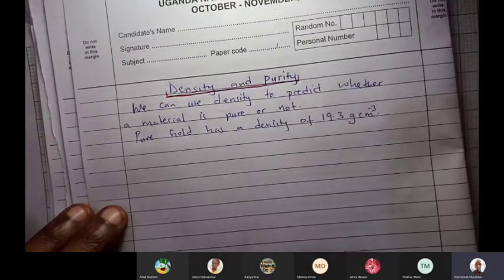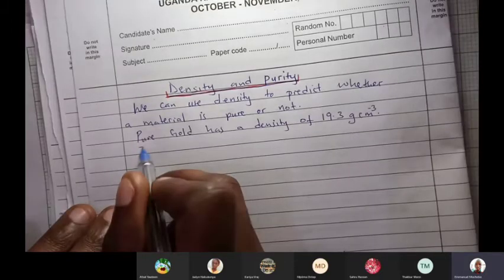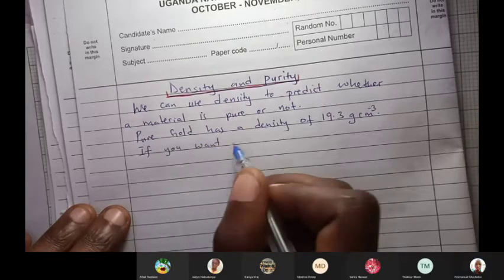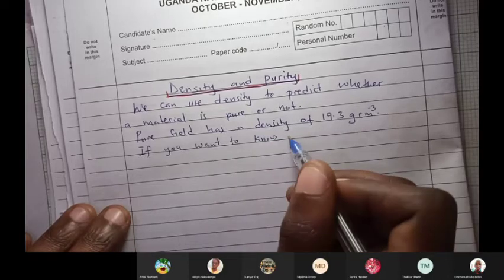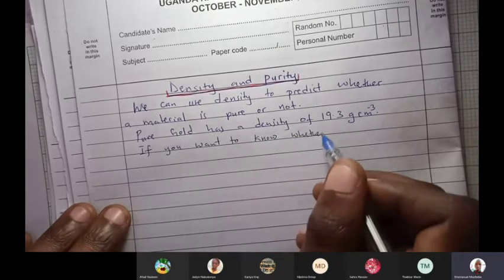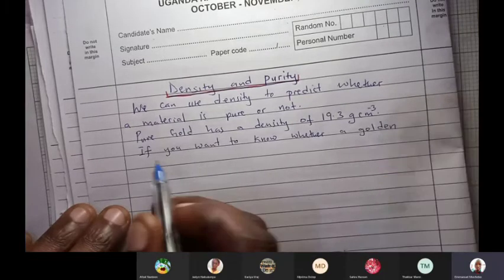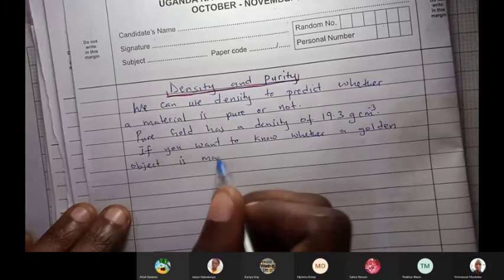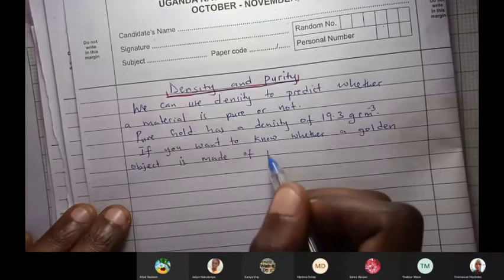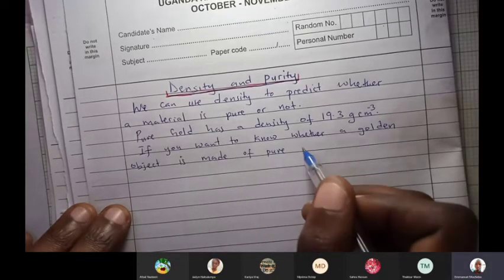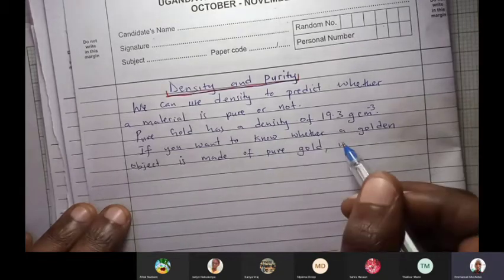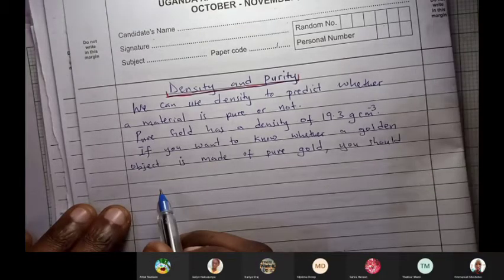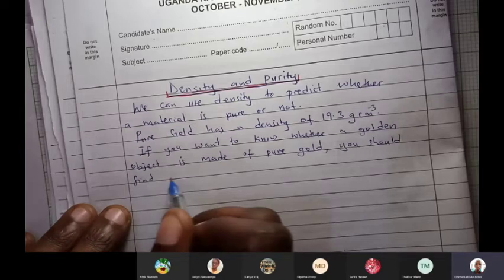Okay, on the new line we can say, if you want to know whether a golden object is made of pure gold, you should find its density.